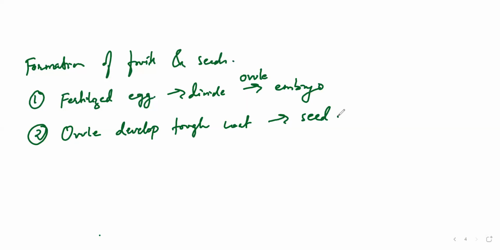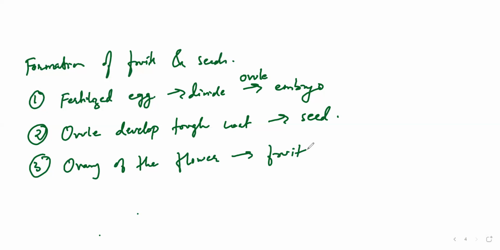So all the fertilized eggs in the ovules present in an ovary will become seeds. Now, the third step is that the ovary of the flower will develop into a fruit.